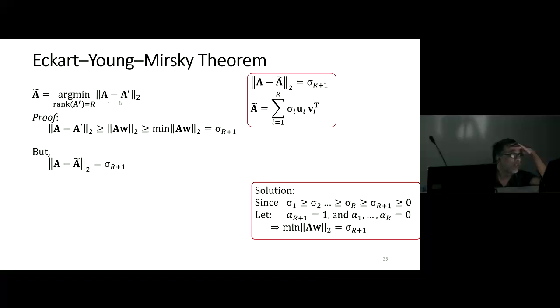To minimize this, let A prime be equal to A tilde. Okay, so A tilde is the minimizer. And what's the minimum value of this? Not the argmin, but just the min. It would be sigma r plus 1.